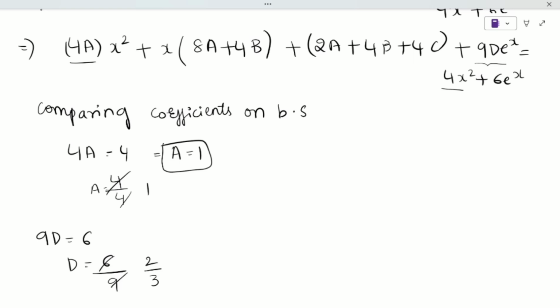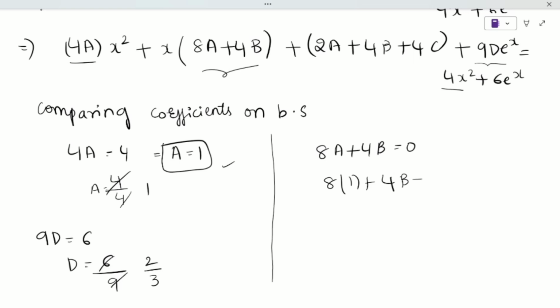Now next finding a and b terms. 8a plus 4b. We know that a equal to 1. So 8 of 1 plus 4b equal to 0. 8 ones are 8 plus 4b equal to 0. To find b, the answer will be minus 2. 4 2s are 8, so minus 2.